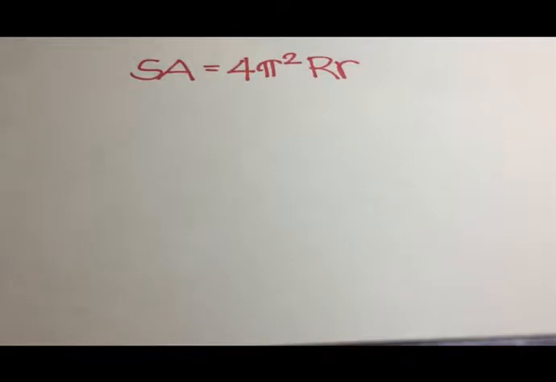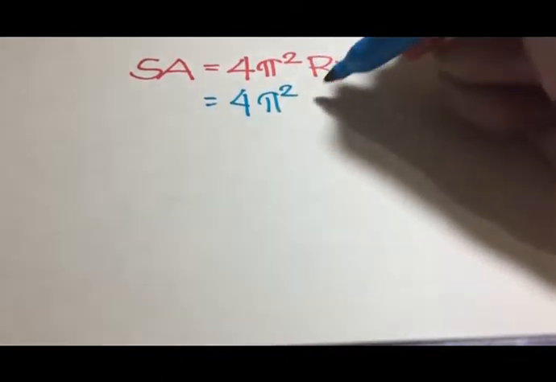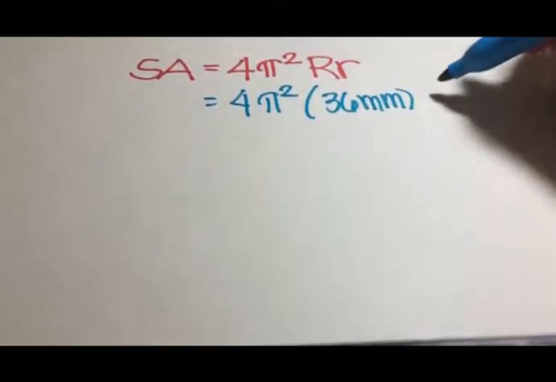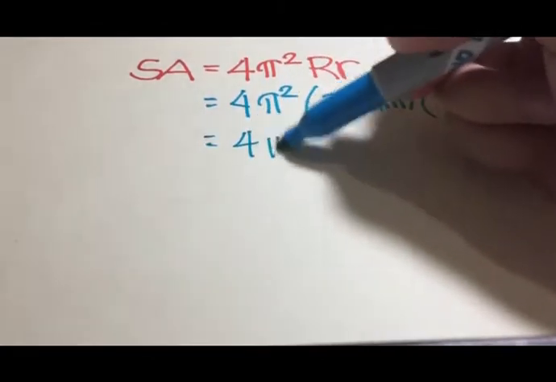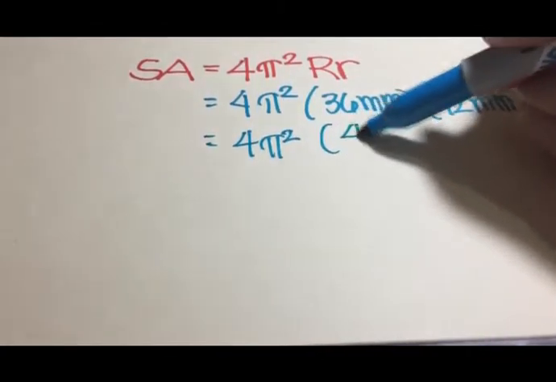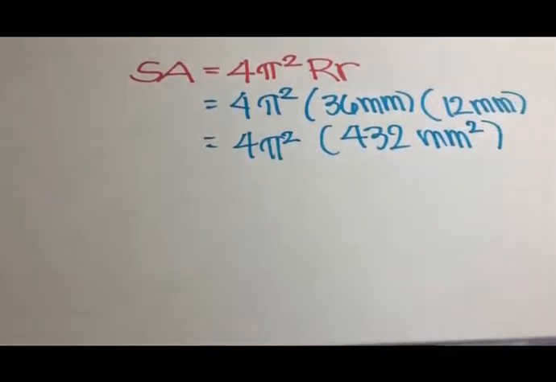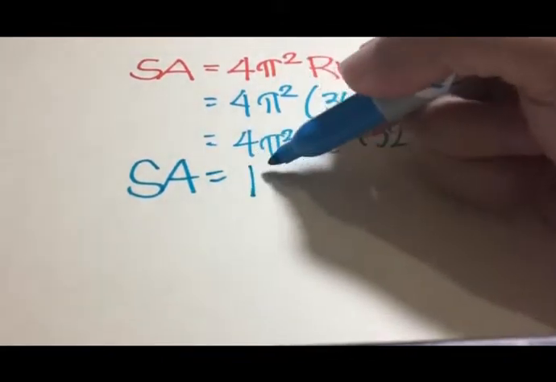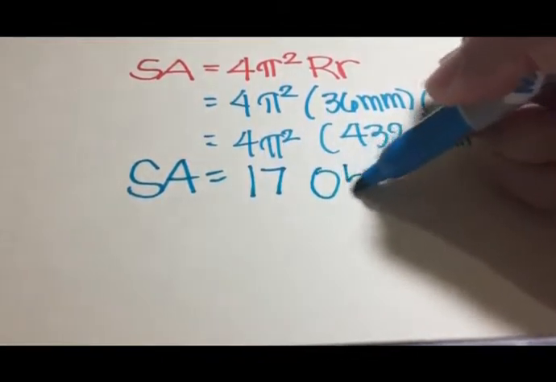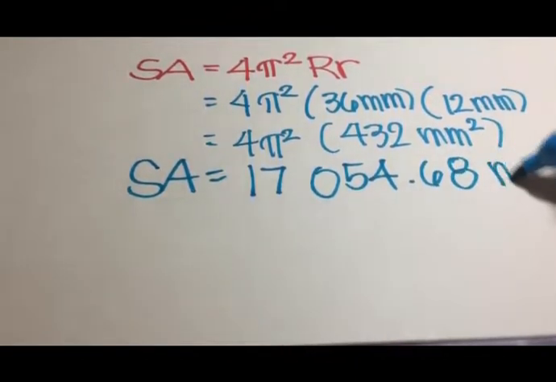So directly substituting the values we have, we come up with 4 times pi squared times 36 millimeters times 12 millimeters. Simplifying the values, we come up with 4 pi squared times 432 millimeters squared. Entering these values into your calculator, we come up with the surface area of 17,054.68 millimeters squared.